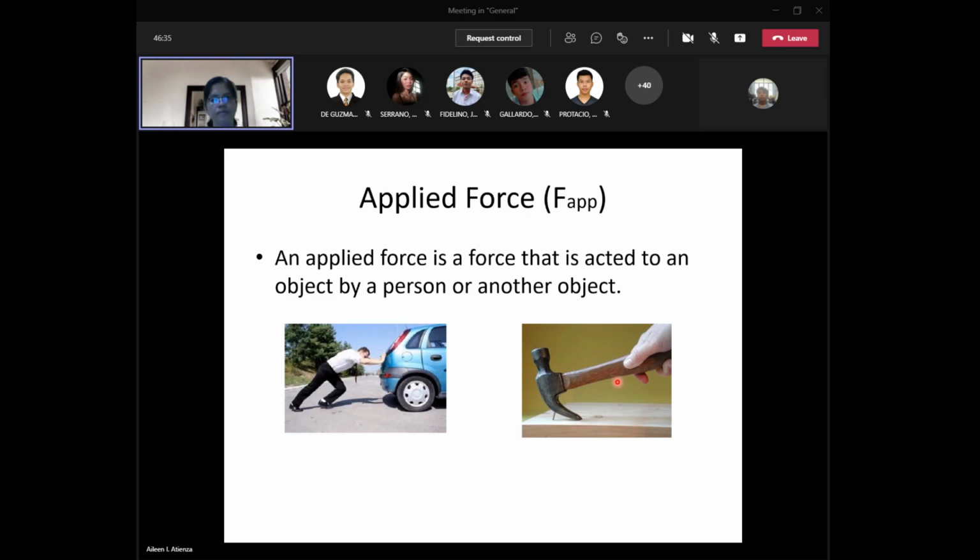So any motion which shows a pull or a push, okay, applied for a particular object. So we have the direct application of the force. We have therefore applied force.